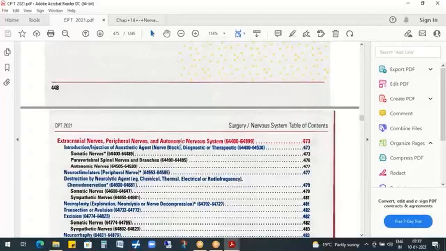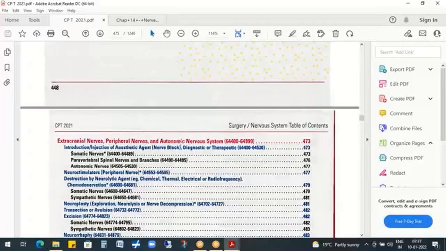This is one of the procedures can be performed. Next one. Neurorrhaphy with graft. They are suturing the nerve with the help of nerve graft.